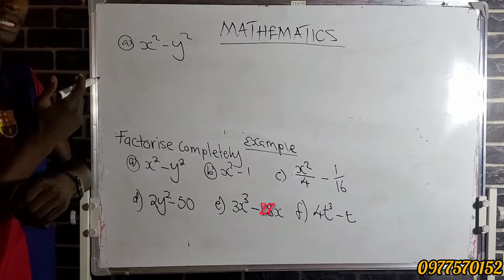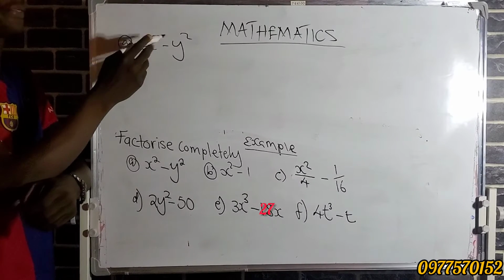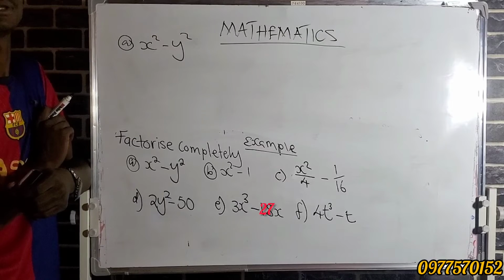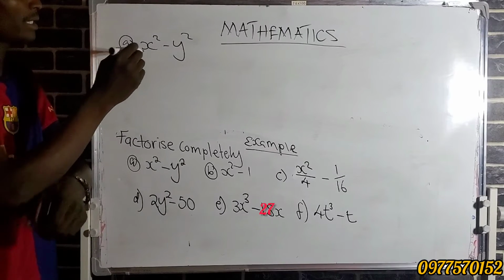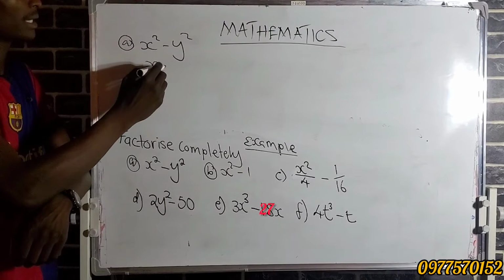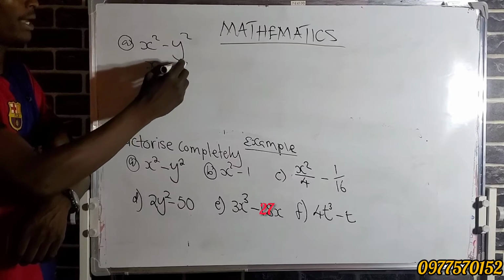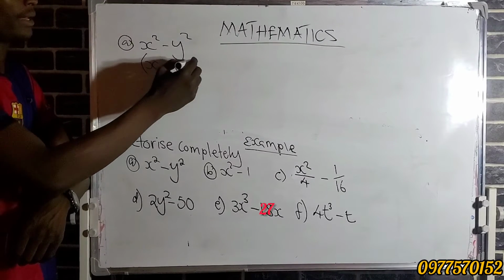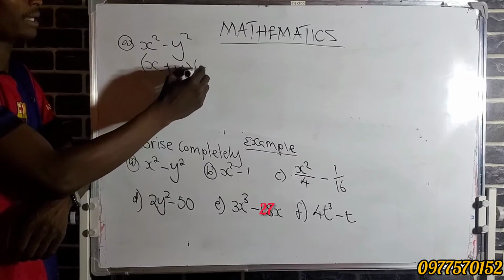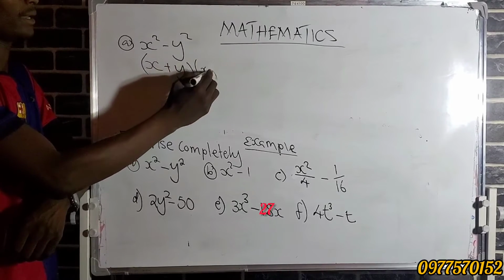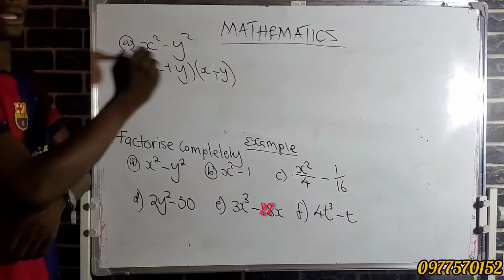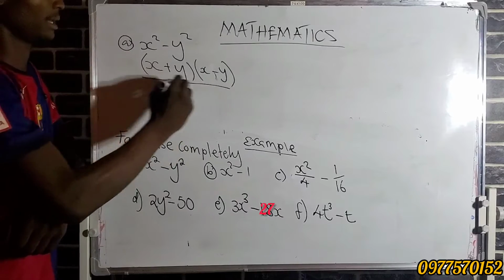Yes, the difference. Now, are both terms squared? Yes. Then there's no problem. Just write it. The answer will be x plus y in brackets, multiplied by x minus y. This is the answer.